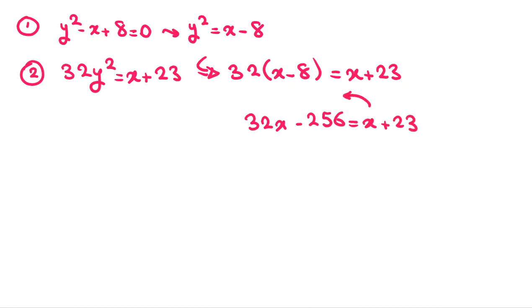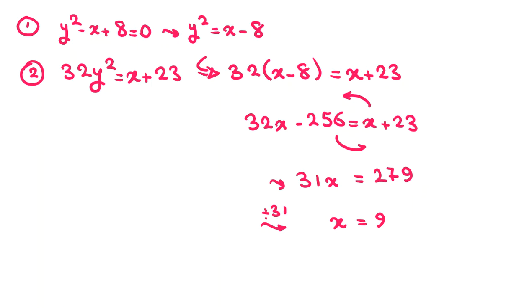If we take this x to left hand side, negative 256 to right hand side, 32x minus x, 31x equal to 256 plus 23, which is 279. And if we divide both sides by 31, x equal to 9. Exactly.